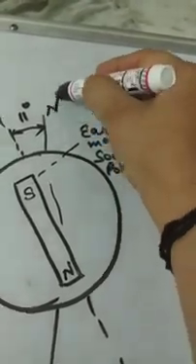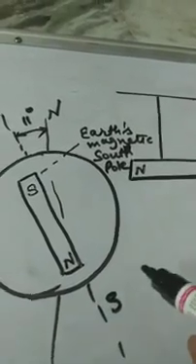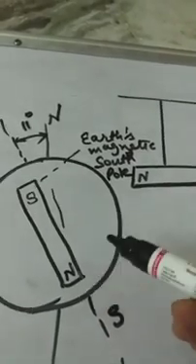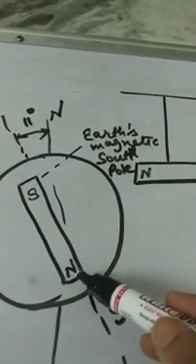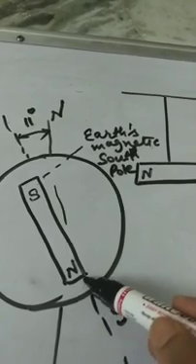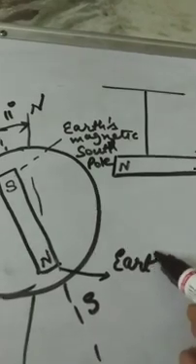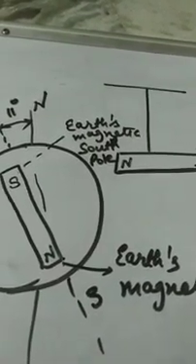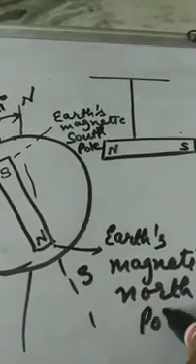Geographically we know it is the north pole, and on the other side we have the south pole. Imagine this bar magnet. On the other side of the bar magnet, where I have written north pole, which magnetic pole will be developed? Then, Earth's magnetic north pole.